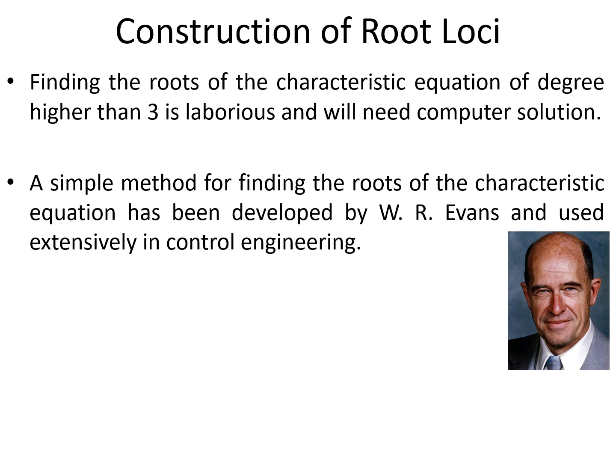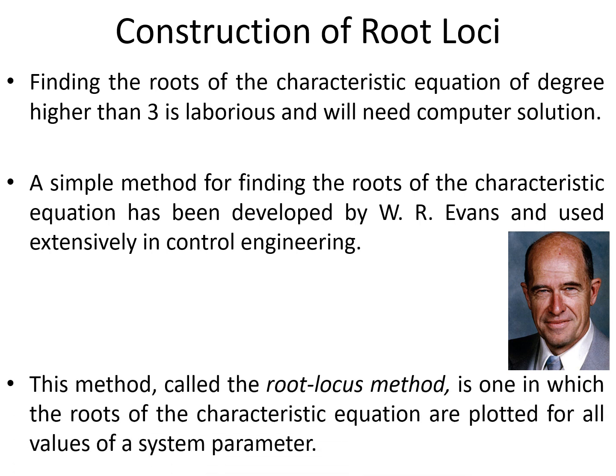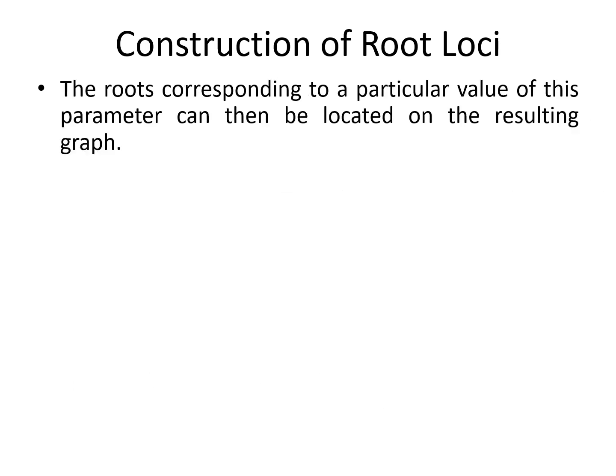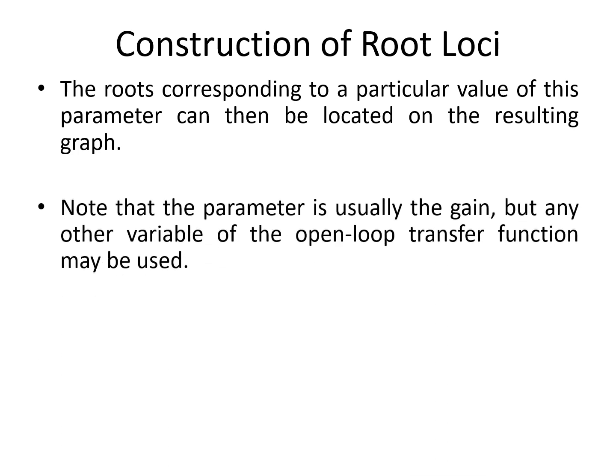So for that purpose, a simple method for finding the roots of the characteristic equation was developed by W.R. Evans and is predominantly used in control engineering. Now this method, called the root locus method, is one in which the roots of the characteristic equation are plotted for all the values of system parameters. The root locus corresponding to a particular value of a parameter can then be located on the resulting graph.